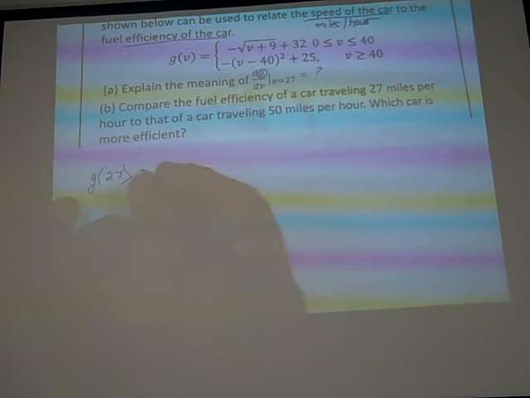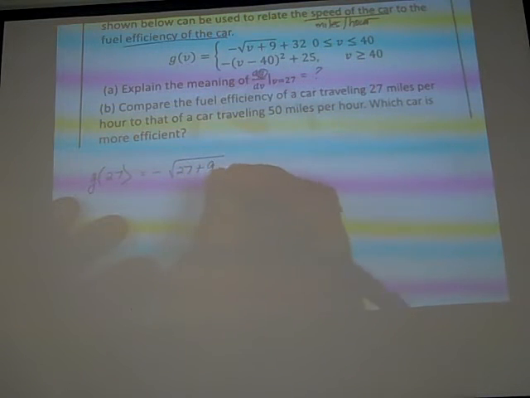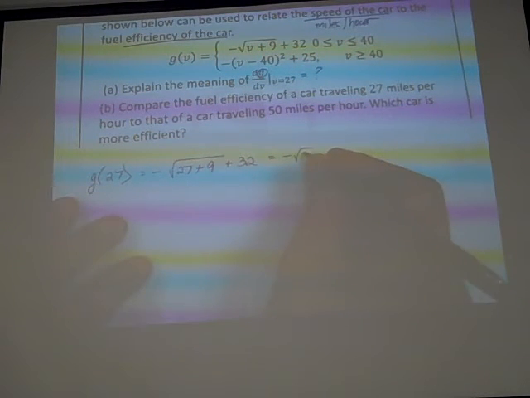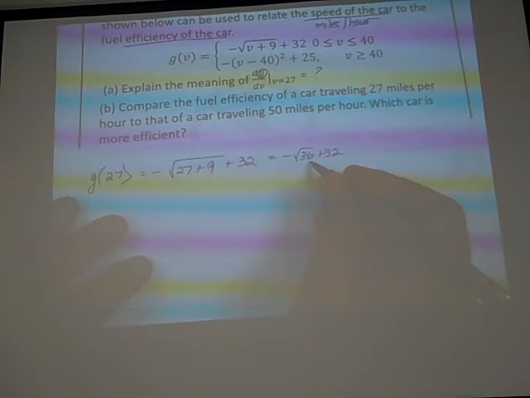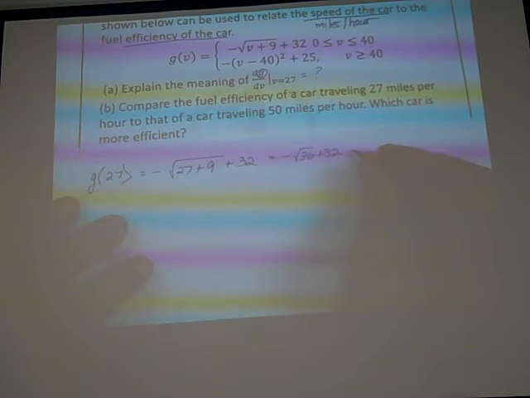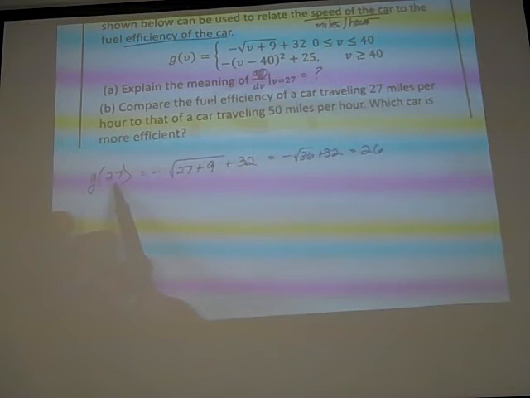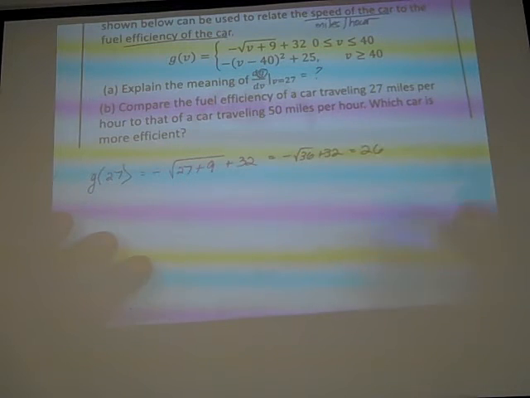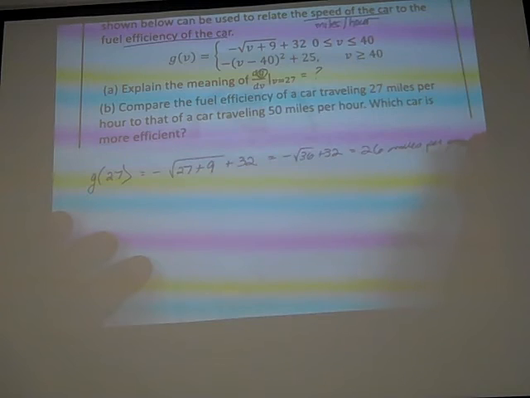I want this one. It'll be negative square root of 27 plus 9, plus 32. We get negative square root of 36 plus 32. Square root of 36 is 6. Make it negative, plus 32, 26. The fuel efficiency, G of 27, of a car traveling 27 miles per hour will be 26 miles per gallon.